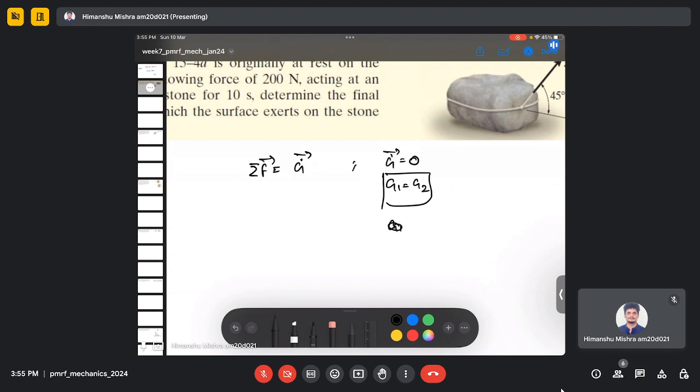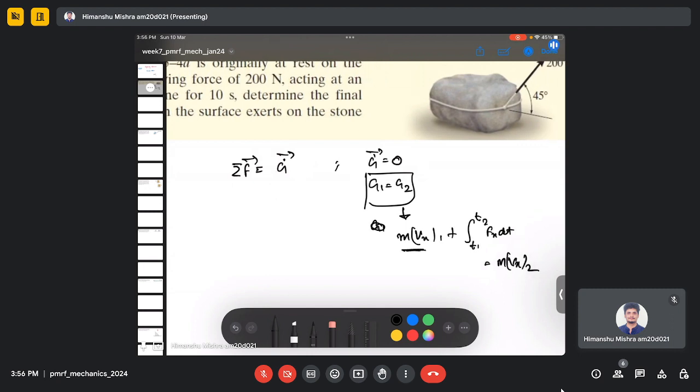then I can write the same expression in component form like this. So this is my initial momentum and this is my final momentum, and in between I am considering the summation of all forces which are time dependent, or which are actually an impulse.